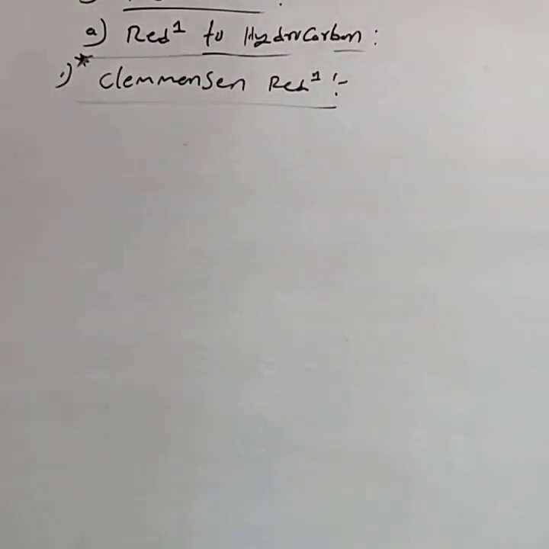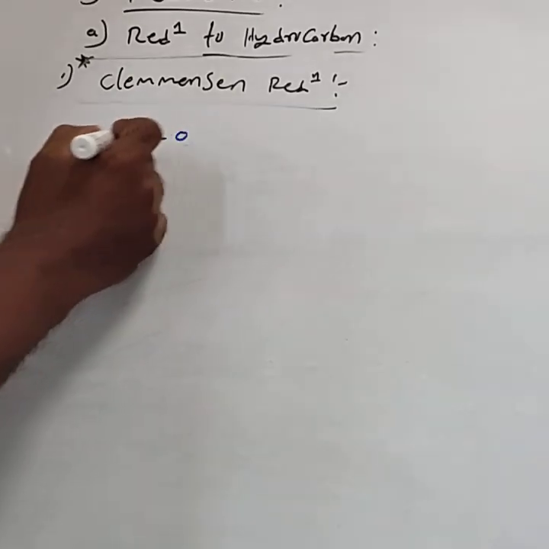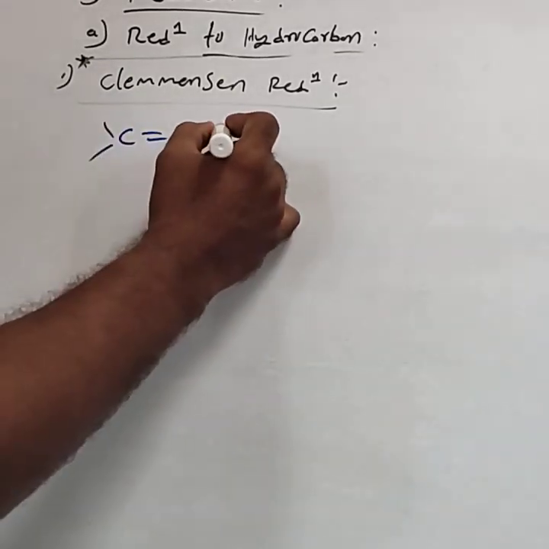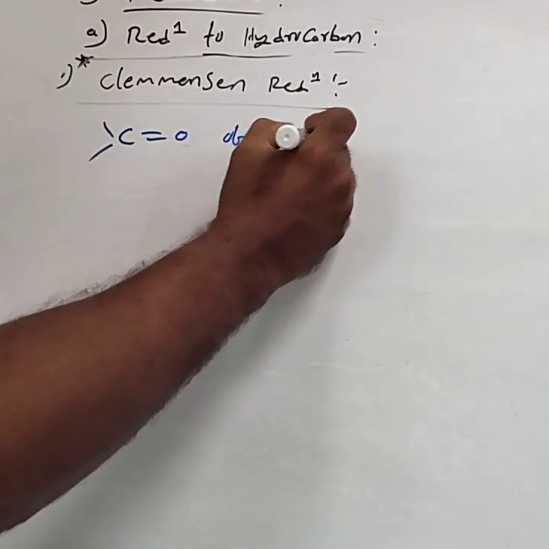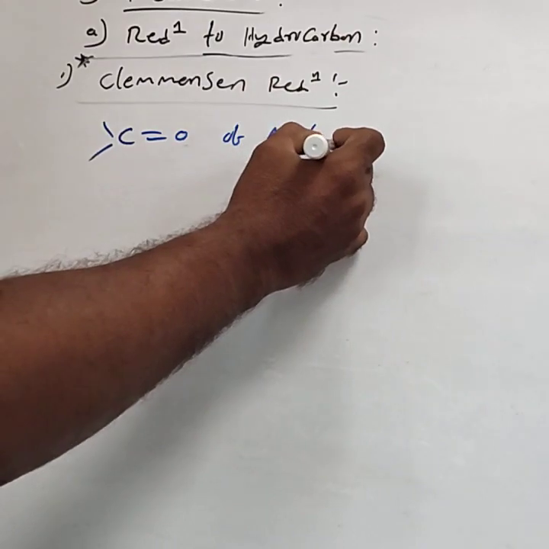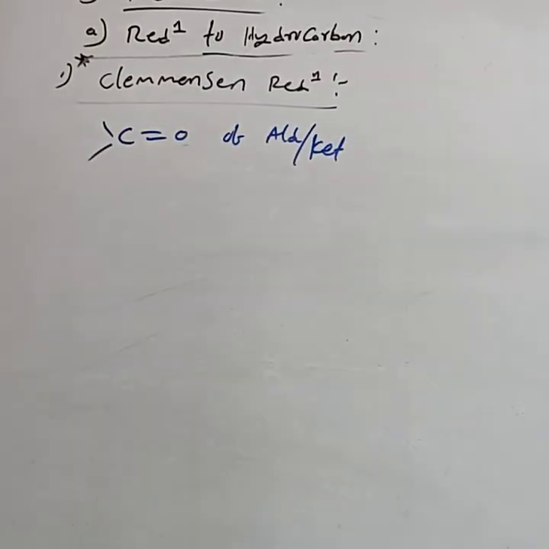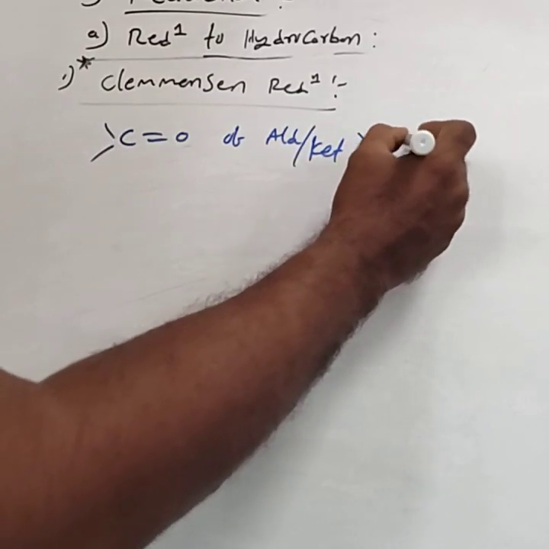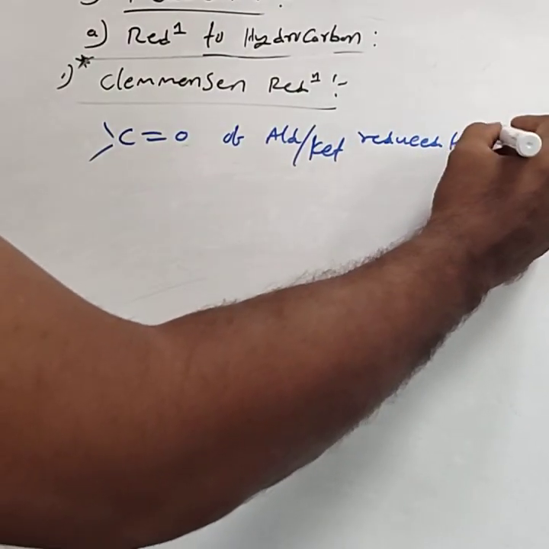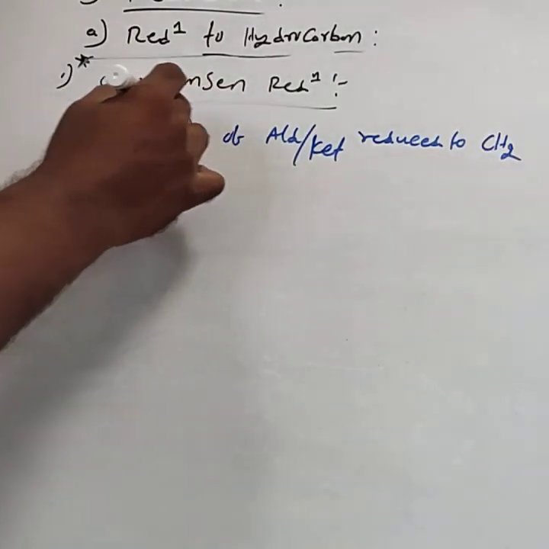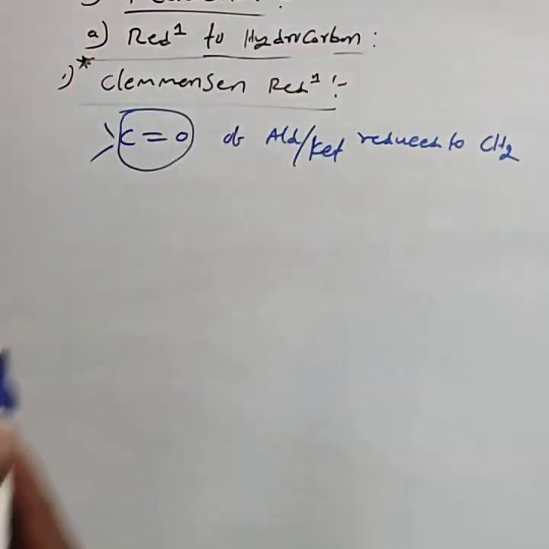Majority of annual papers ask this: explain Clemmensen reduction, or name the Clemmensen reducing agent, or write the general equation for Clemmensen's reduction. In Clemmensen's reduction, the carbonyl group, CO group of aldehyde or ketone, is reduced to CH2, methylene.